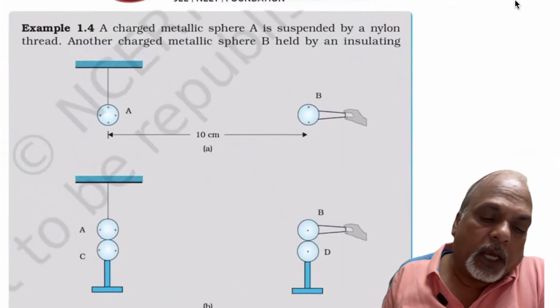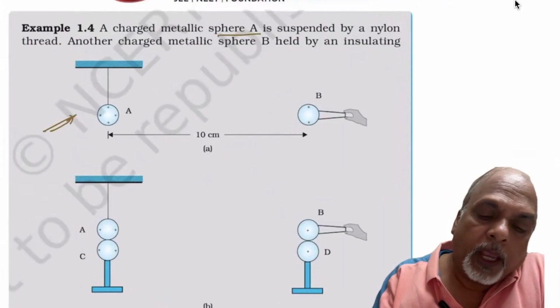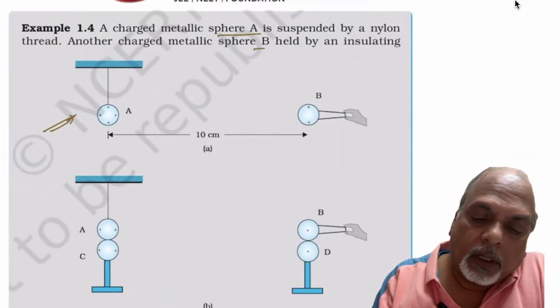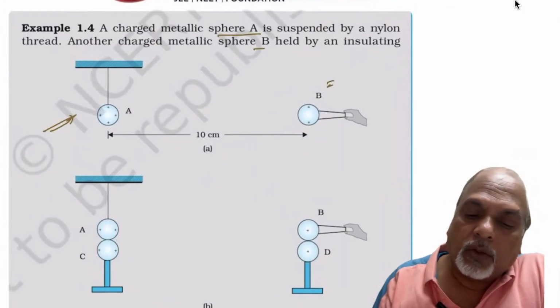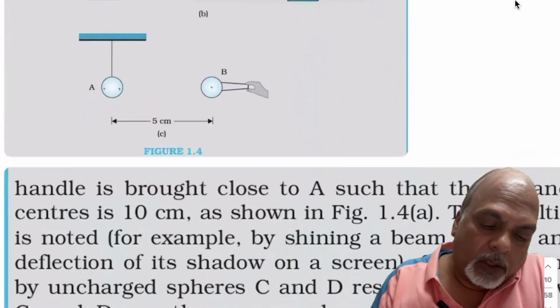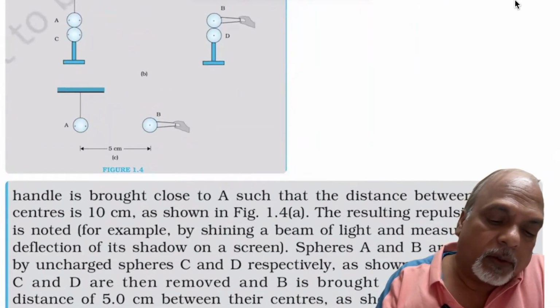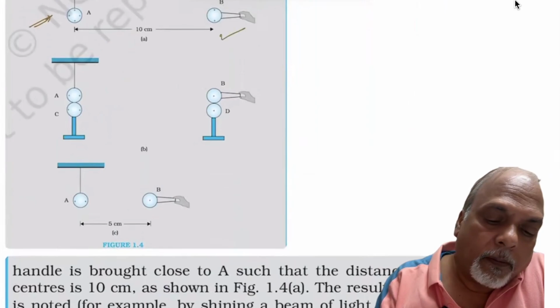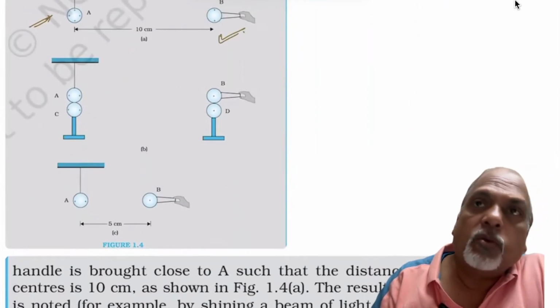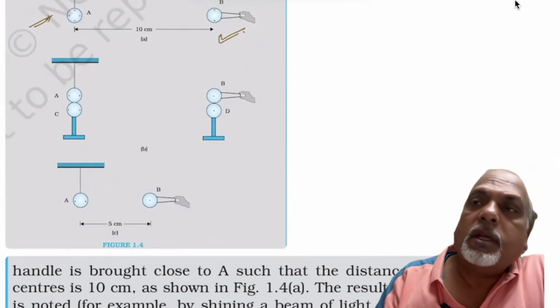It says a charged metallic sphere A, suspended by an insulating thread. Another charged metallic sphere B, also held by an insulating handle, is brought close to A such that the distance between their centers is 10 centimeter.